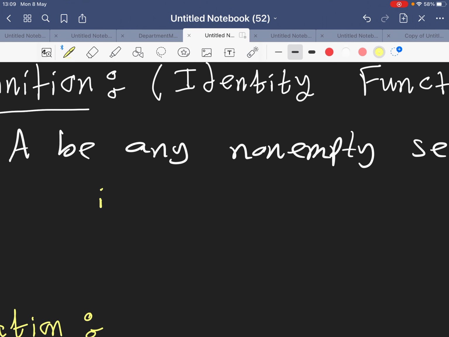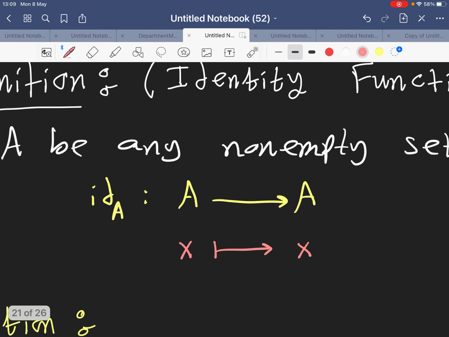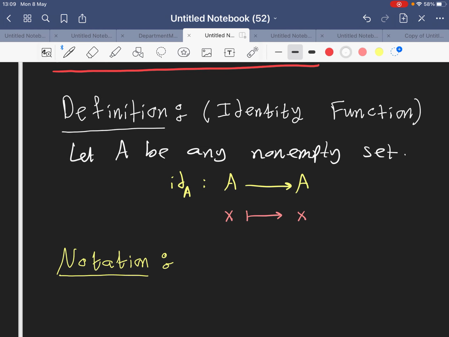The identity of A as a function, usually we call it identity and we write A. It's taking as the input A and the output is again A. And for each x, I will assign x to itself. So basically this function does nothing, just takes x to itself.